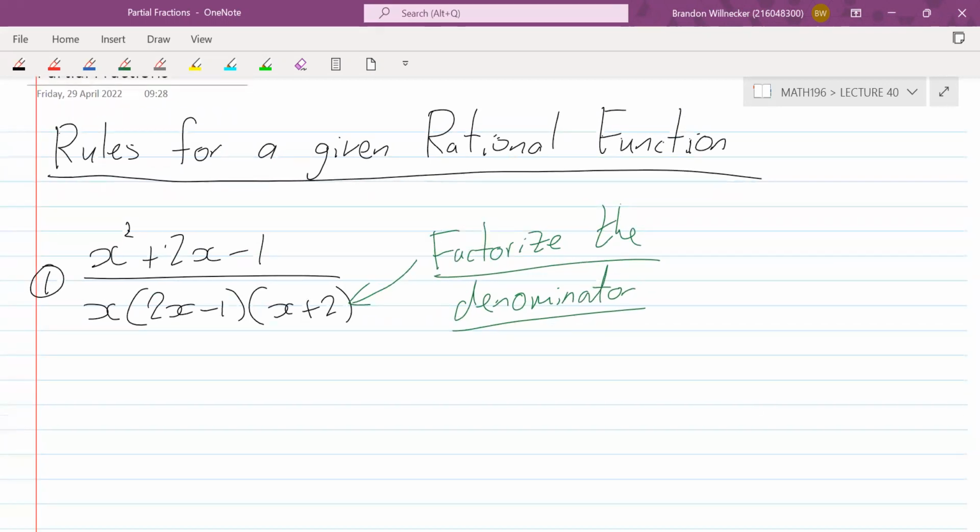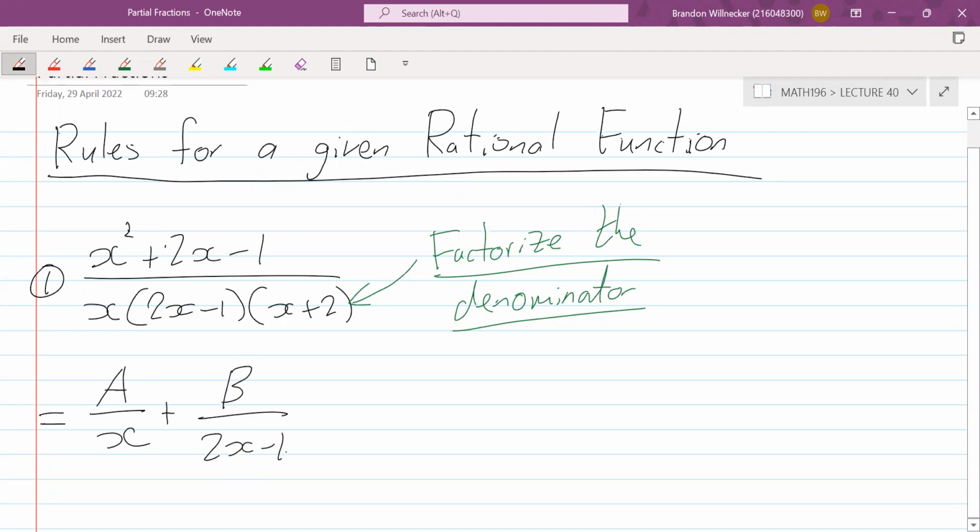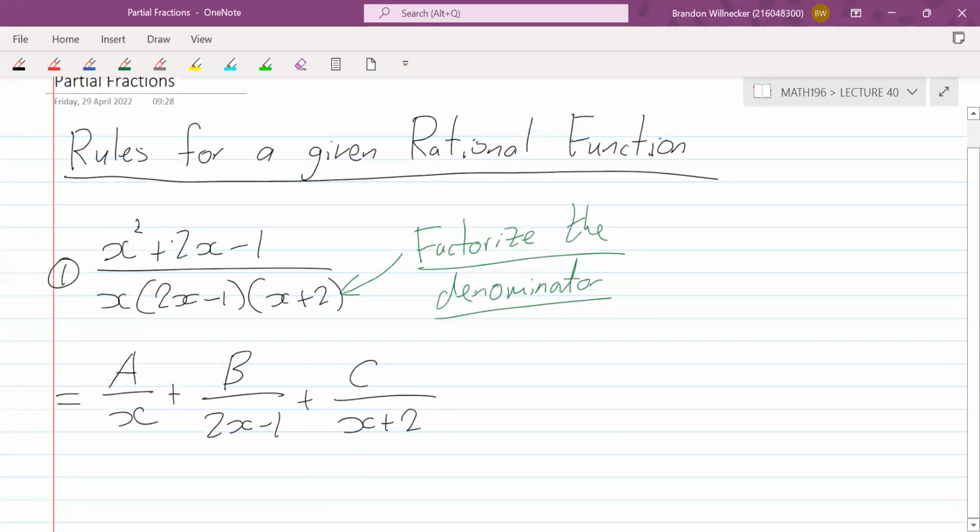The first case is if it's a product of linear terms. We've got x, that's our first term, 2x minus 1, the second term, and x plus 2, the third term. We see they're all linear with respect to x. If this is the case, then we can split this up into some constant a over x for our first term, plus b over 2x minus 1 for the second term, plus c over x plus 2 for the third term.